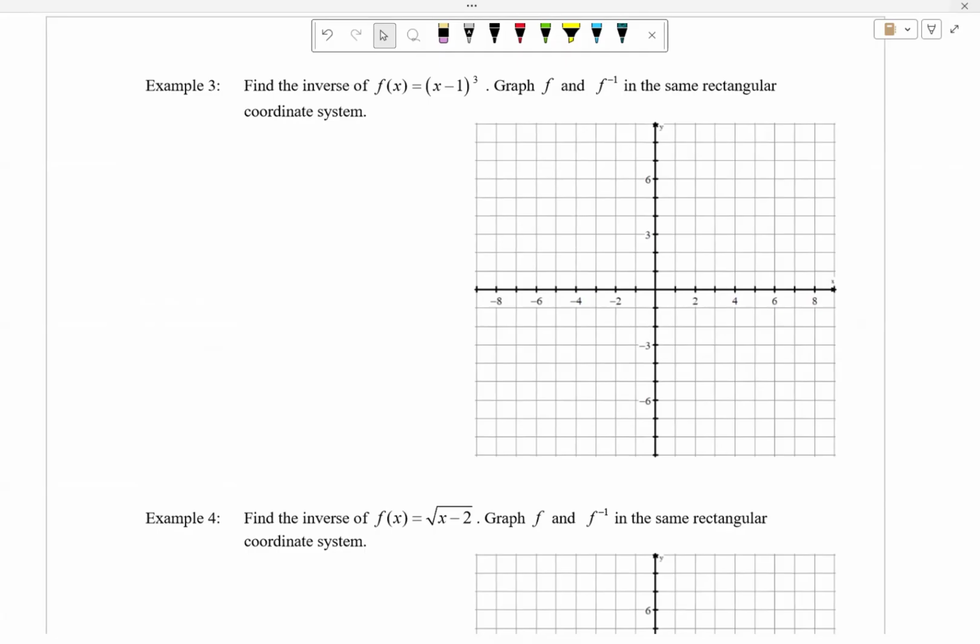Graphing the function and its inverse and finding its inverse. Some good stuff here.